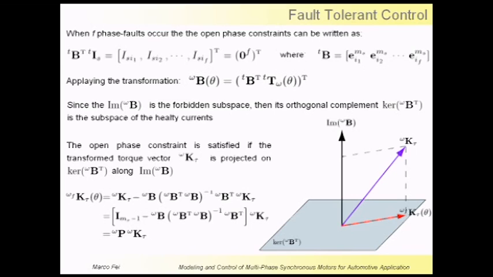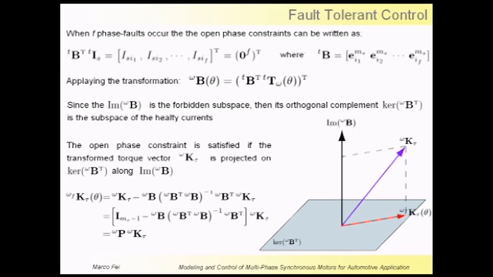So this subspace cannot be used to control the motor. Its orthogonal complement, this plane represented here, represents the subspace that can be used to control the motor in faulty condition in order to obtain the desired torque without ripple also in this condition.